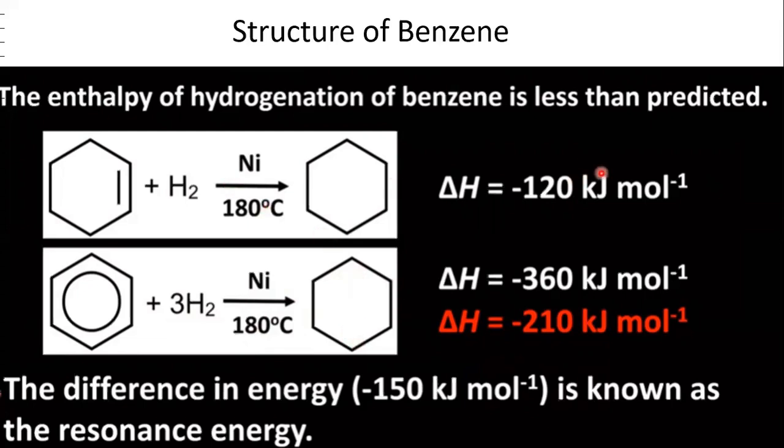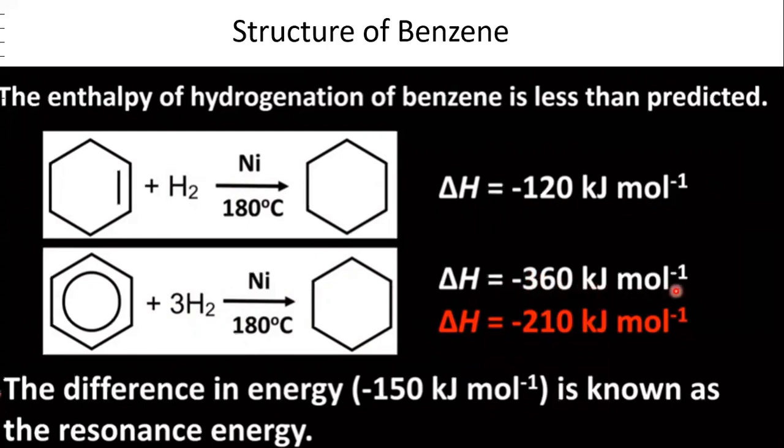If you observe, for one H2 molecule, you require minus 120 kilojoule per mole. So it is obvious that for 3 hydrogen molecules, it should require minus 120 into 3. So the predicted value is minus 360 kilojoule per mole.